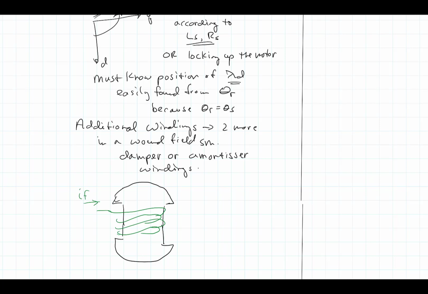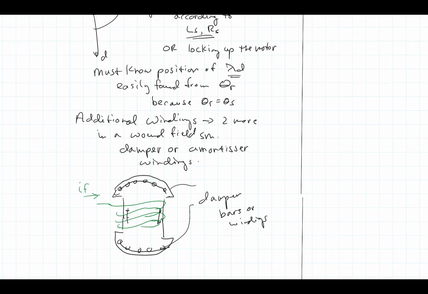What they would do is add bars, almost like in an induction motor, across the pole faces. They might even add some in here too. These would become your damper bars or windings, similar to a squirrel cage machine.